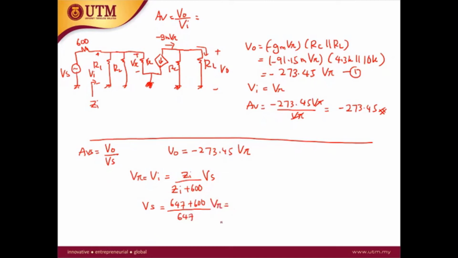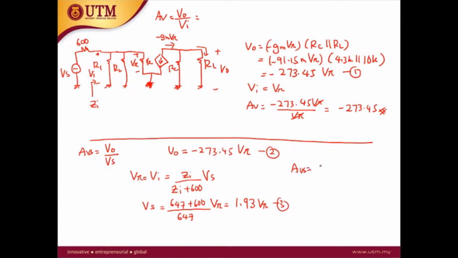The calculation is 1247 divided by 647. So you got Vs is equal to 1.93 V pi.